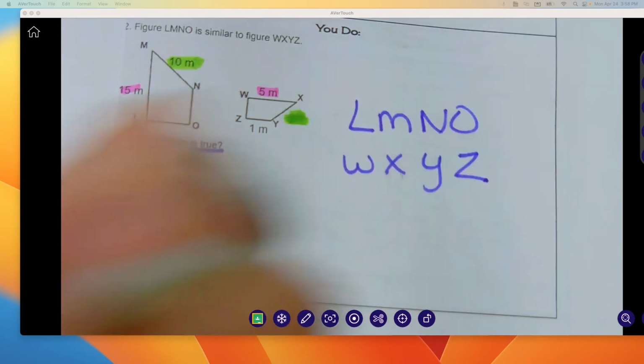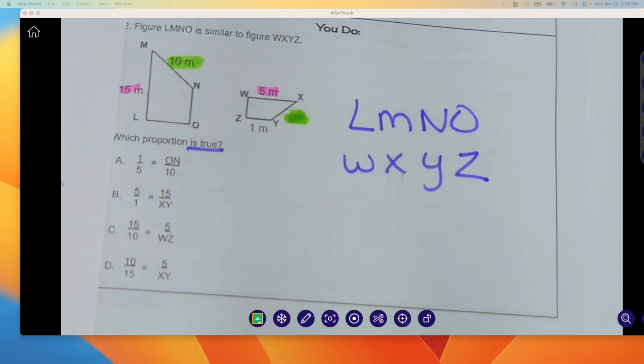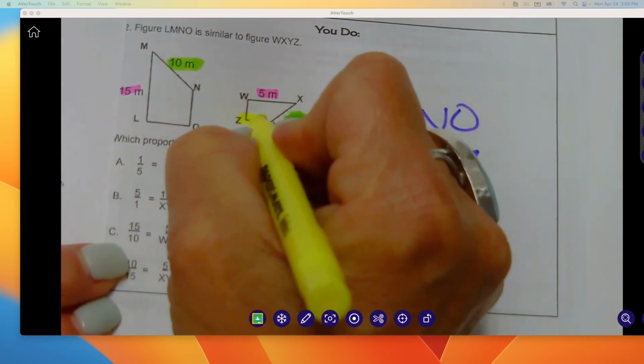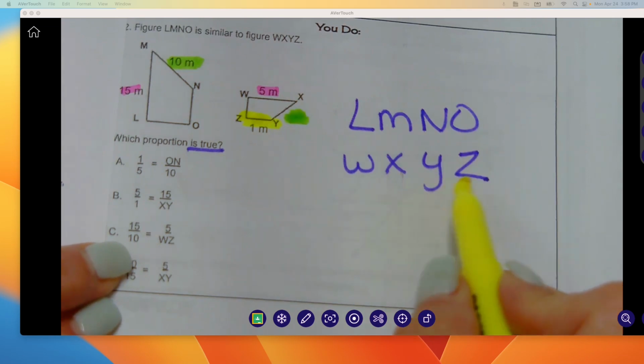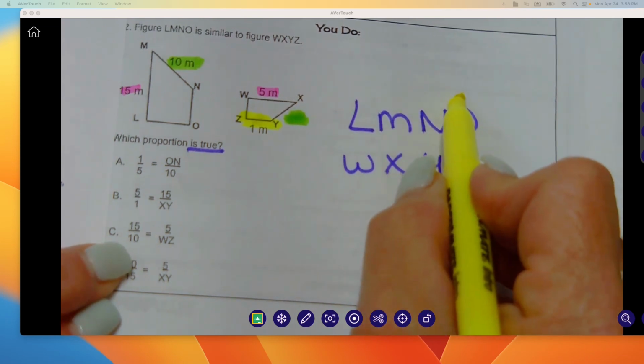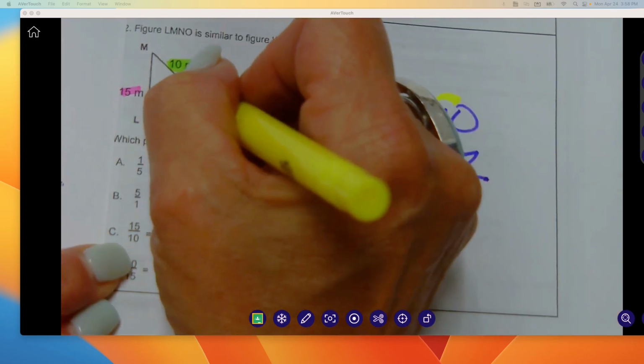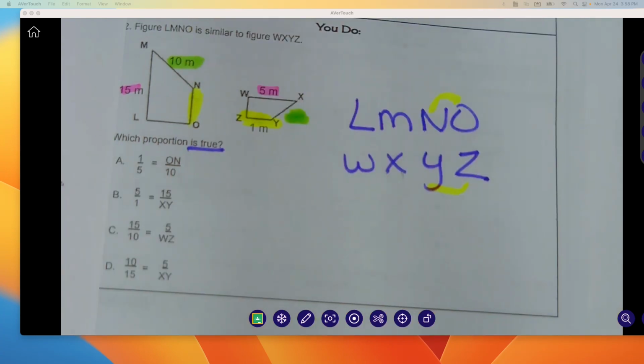I'm just going to do that one green. We don't know what that is. Then we have ZY. Okay, ZY is 1. So we have ZY, which is ON. So ON. We don't know what that is. Okay, so let's match this up. They want to know which one is true.